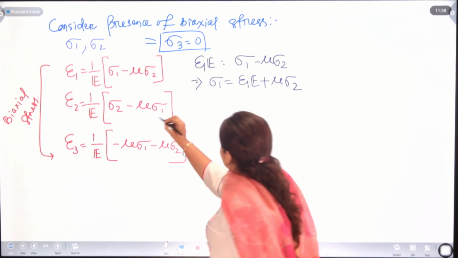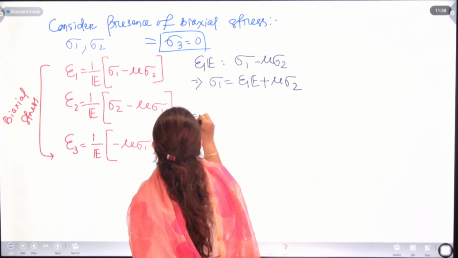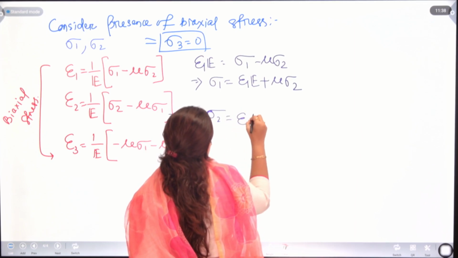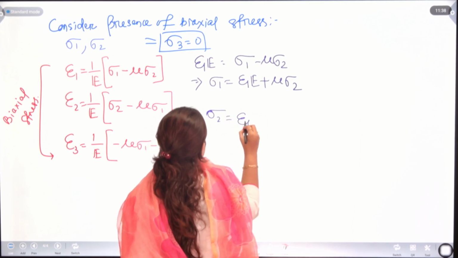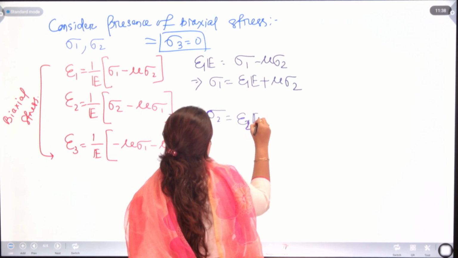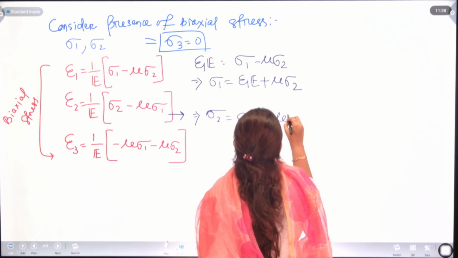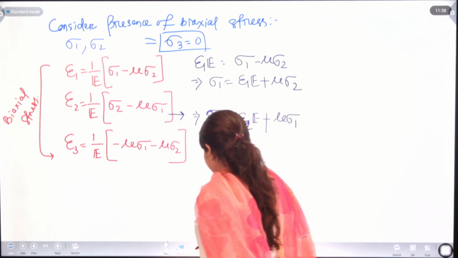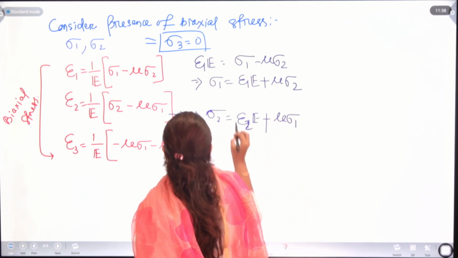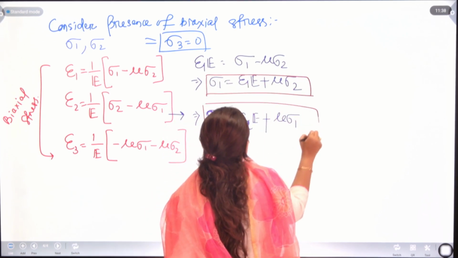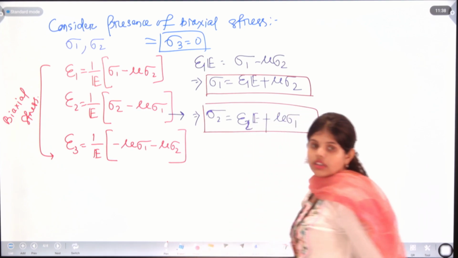Similarly, from this equation, we will have sigma 2 is equal to epsilon 2 into E plus mu into sigma 1. Okay, we are having the sigma 1 and sigma 2 values.